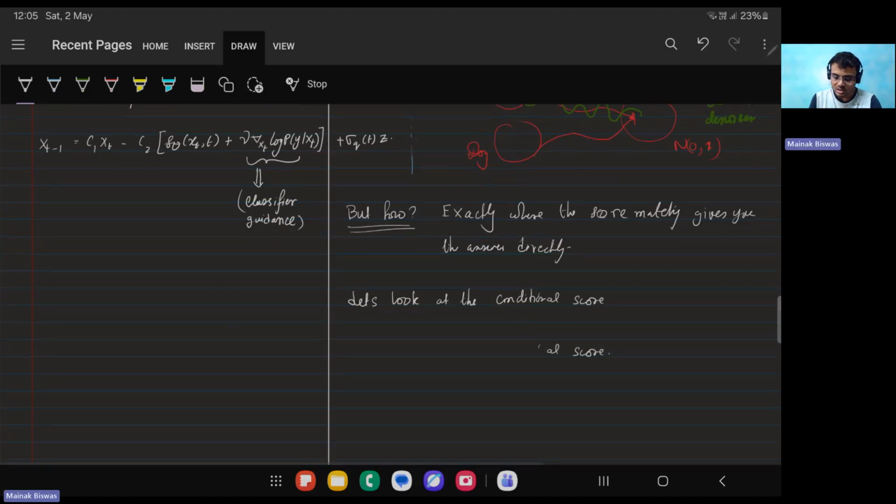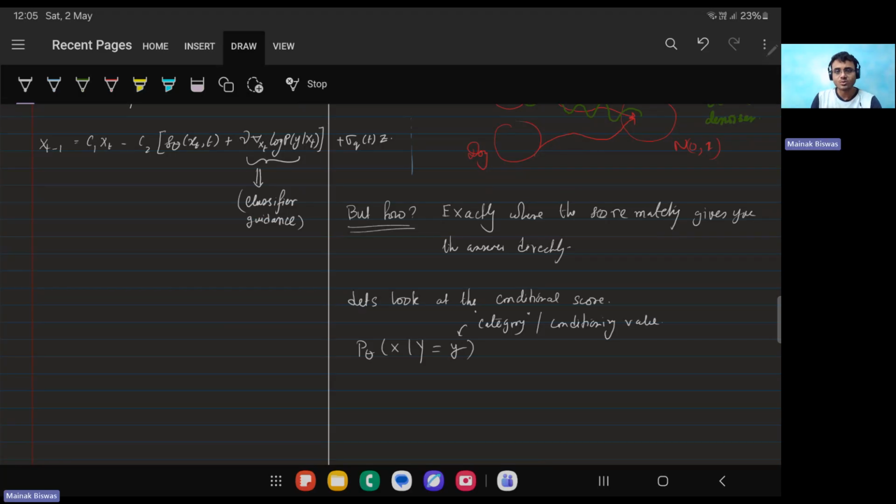So what's the conditional score? p theta of x given y, say equal to some y. Could be some small y, right? So y equal to some y. This is the category, say some category or conditioning value.